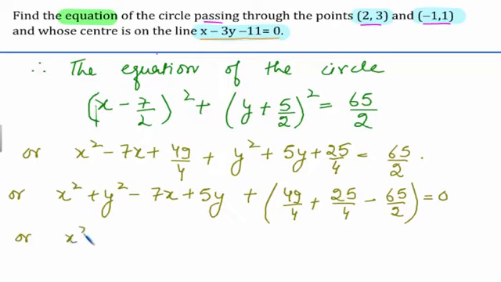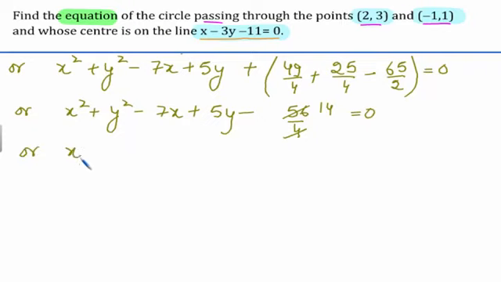Or we have x square plus y square minus 7x plus 5y minus 56 divided by 4, which is equal to x square plus y square minus 7x plus 5y minus 14 is equal to 0.